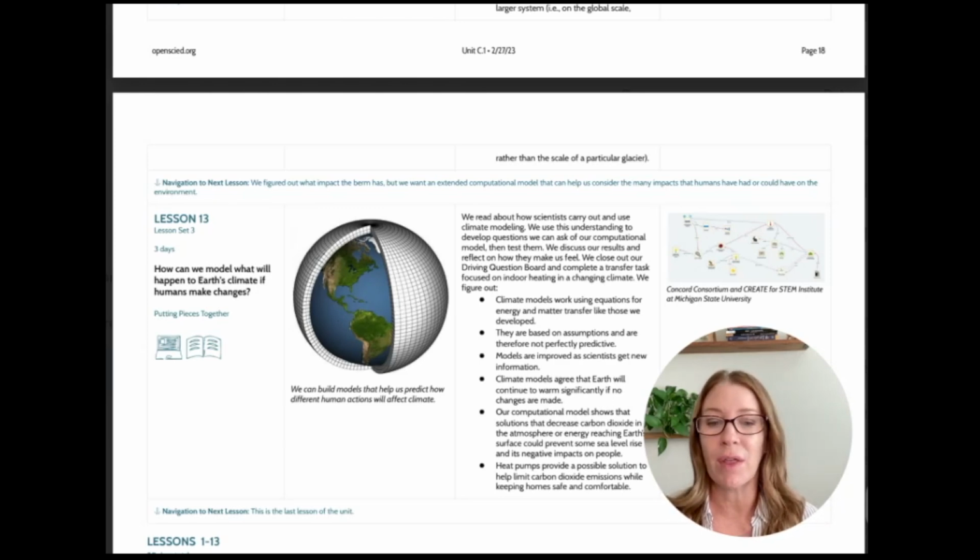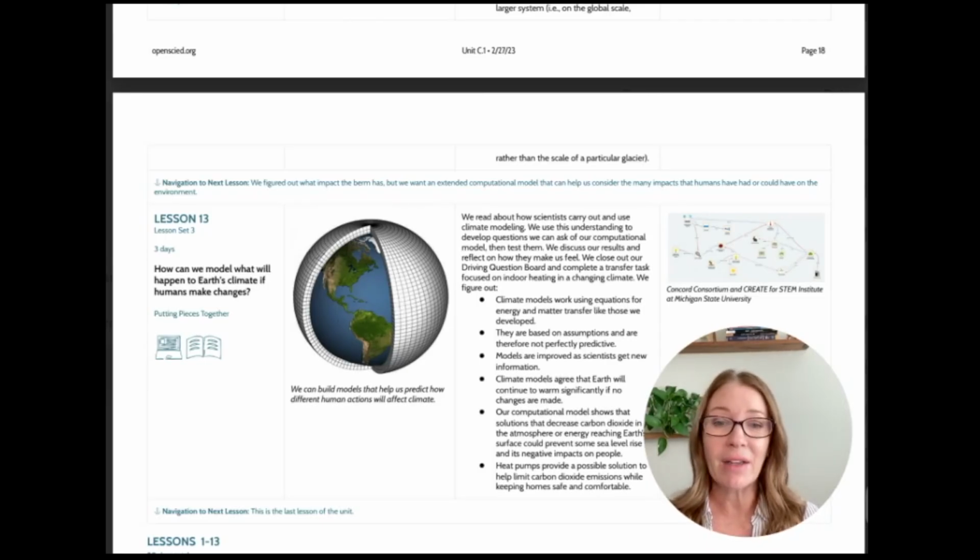And so this one we're going to be using is a SAGE modeler. All of the components are already uploaded into the system. And so they manipulate the SAGE modeler to see how the different components affect each other. And then we also come back to how this will negatively impact the people around the world.